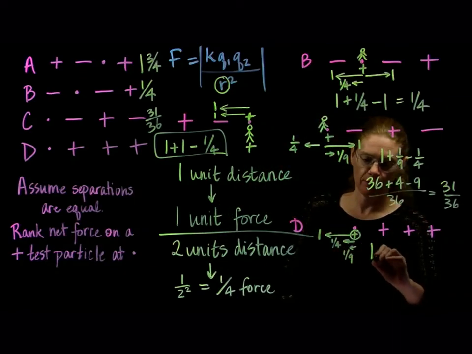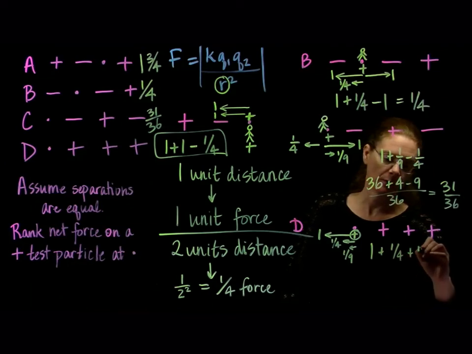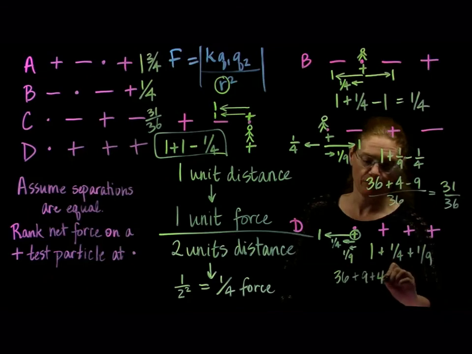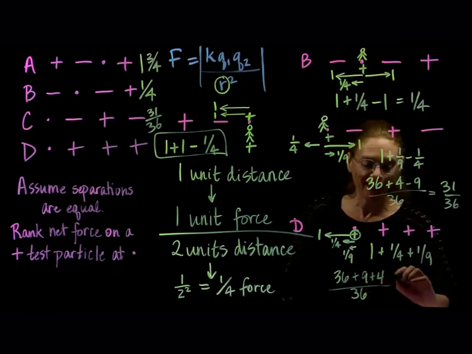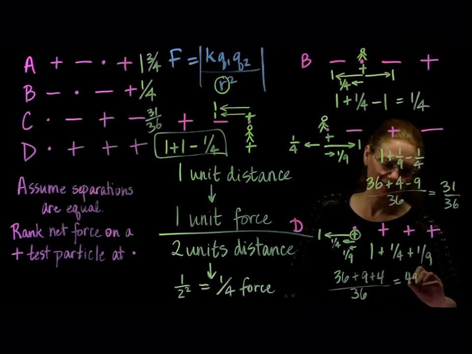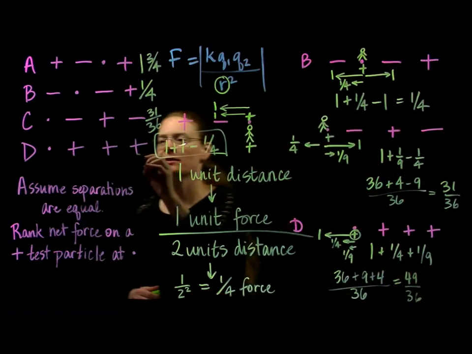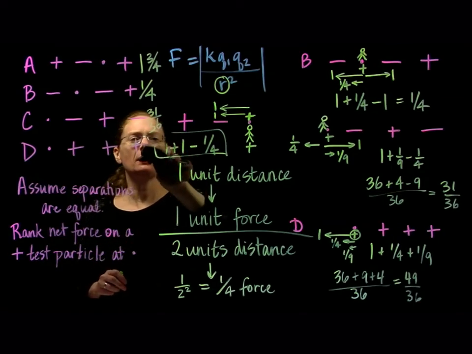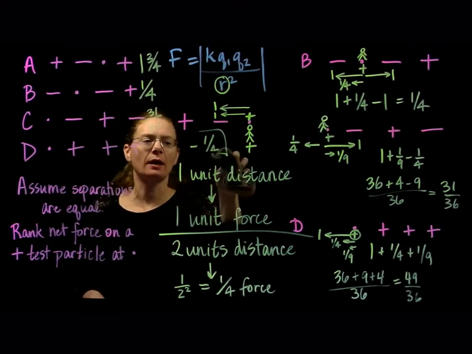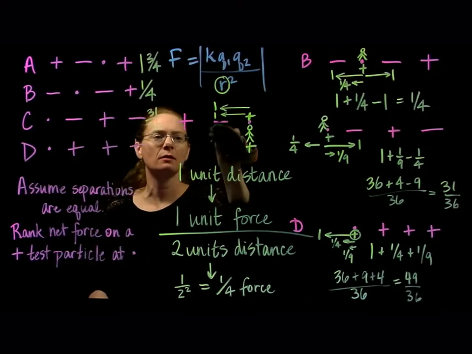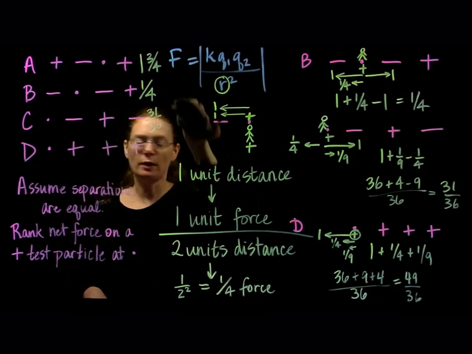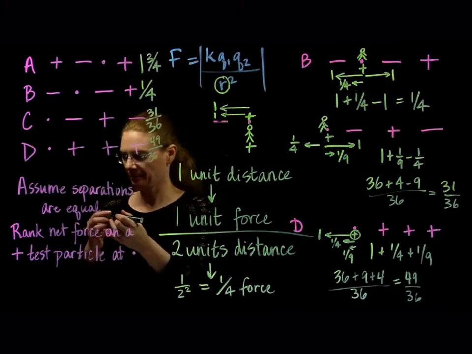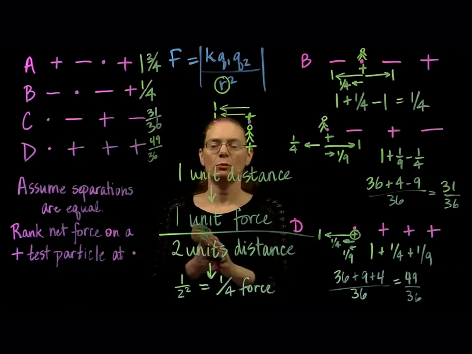Total force here is 1 plus 1/4 plus 1/9, so that's 36 plus 9 plus 4, over 36. That's 49/36. So D, the net force on a positive test particle for situation D, is 49/36.